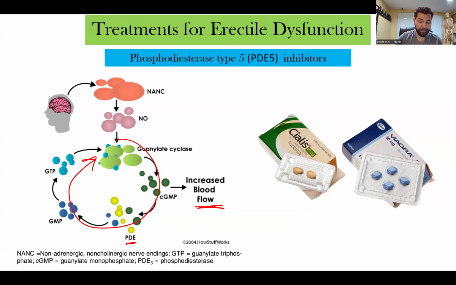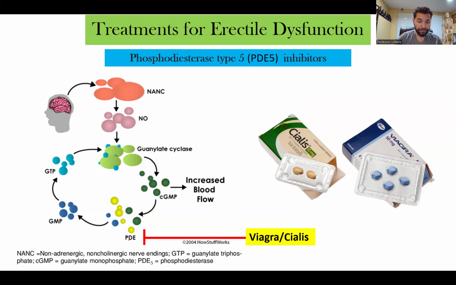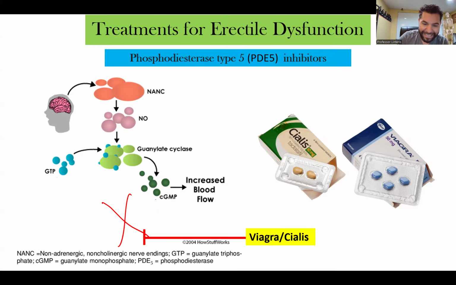What we can do, there you go. These drugs inhibit this enzyme, thus keep an increase in blood flow in the erectile tissue, and thus maintaining the erection.